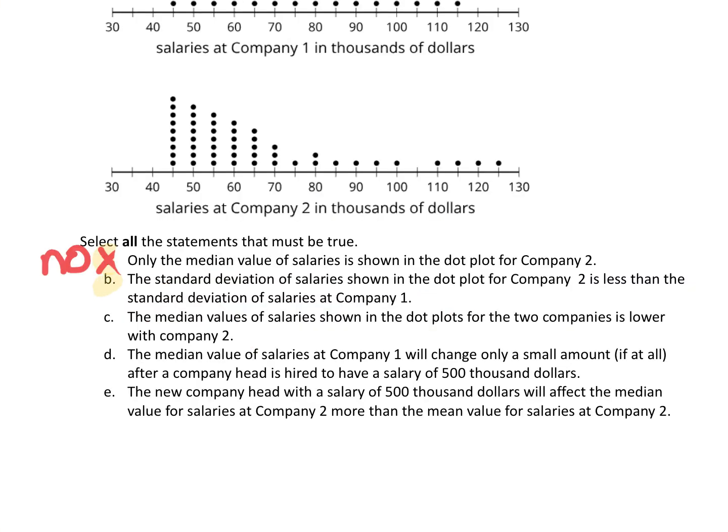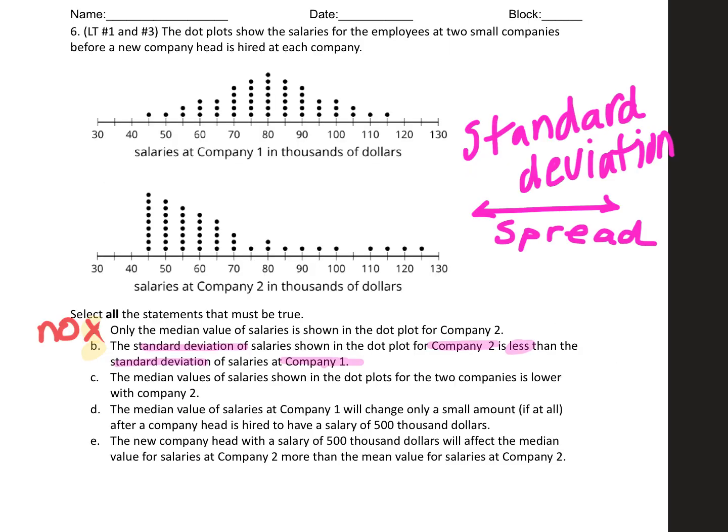Option B asks us if the standard deviation for company 2 is less than the standard deviation for company 1. And standard deviation measures spread.